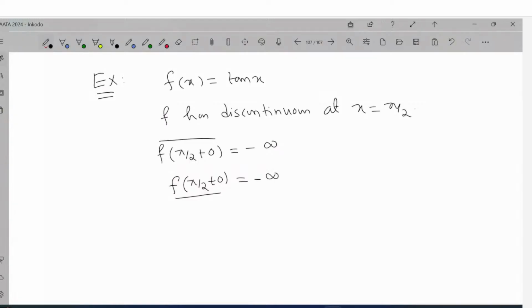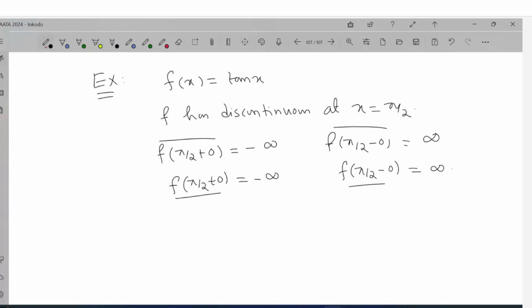Now when you have pi by 2 minus 0, what quadrant should you think of? It's the first quadrant, both are positive, so it will be infinity. So these are equal, these are equal. This function has infinite discontinuity at the point pi by 2.